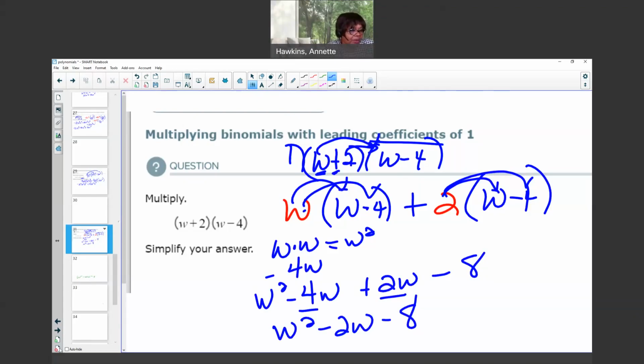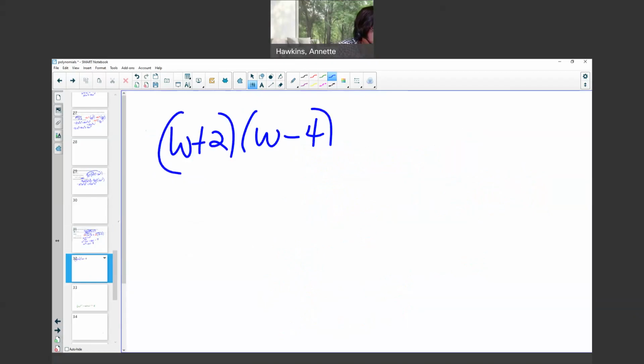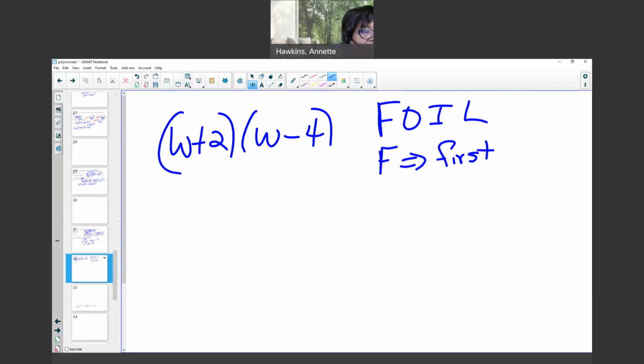All right, let's do this problem again. W plus 2 times W minus 4. Okay? We have what we call FOIL. F stands for first. We multiply the first terms in the parentheses.